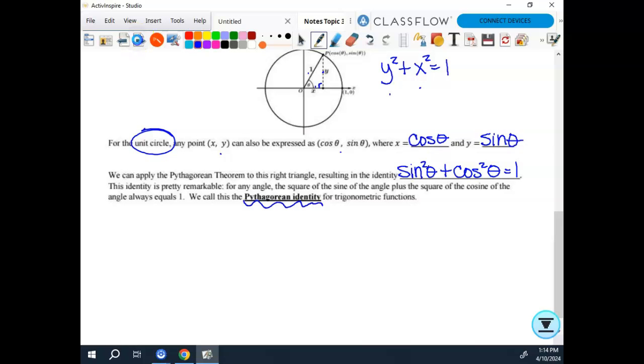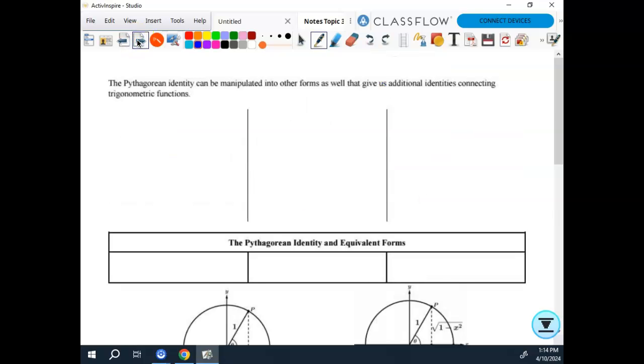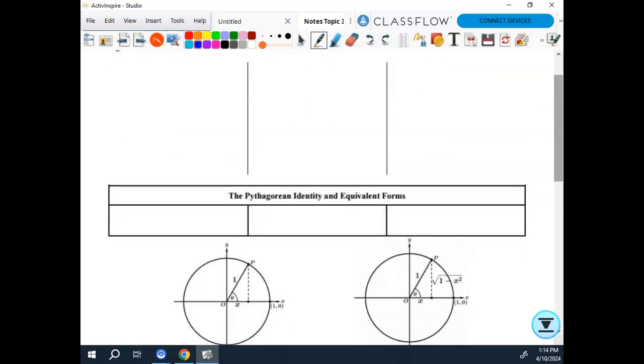Okay. Flip this over. So let's start with this. We're going to start by writing sine squared theta plus cosine squared theta equals 1. And then we're going to box this because we're going to box the ones that this is what we're getting towards.